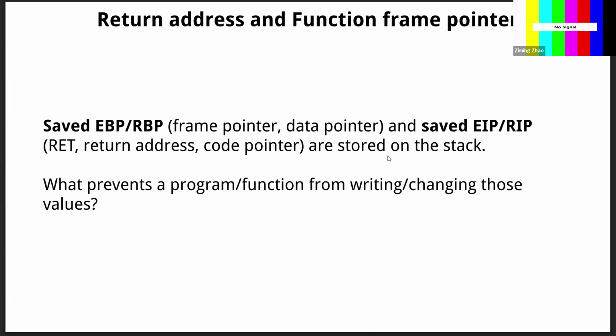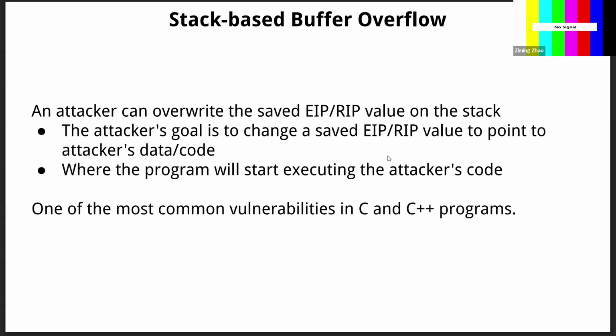Next week, we're talking about some modern defense systems. So the idea of this stack-based buffer overflow here is to overwrite the saved EBP and RBP value, because they are on the stack, because they are in memory. So this is still a memory corruption attack. The attacker's goal is just to change the value.